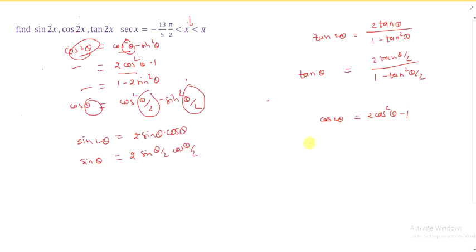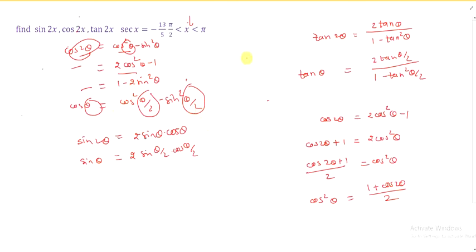This result can be written as cos 2 theta, shift that one to the LHS, minus becomes plus, and here we have 2 cos square theta, isn't it? Now this can be written as cos 2 theta plus 1 divided throughout by 2 and is equal to cos square theta. That is simply cos square theta is equal to 1 plus cos 2 theta by 2. This is one conversion.